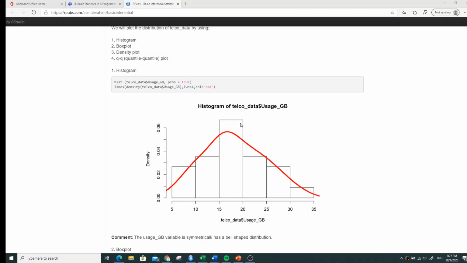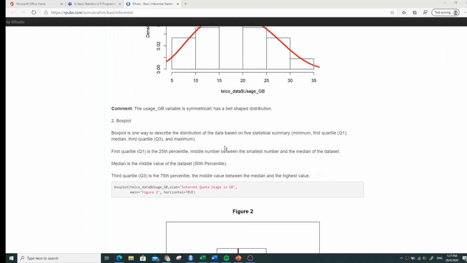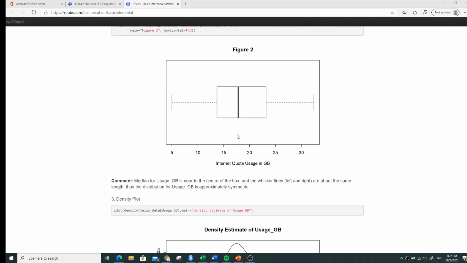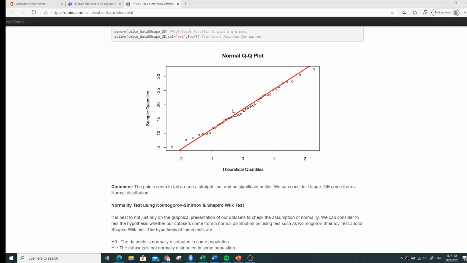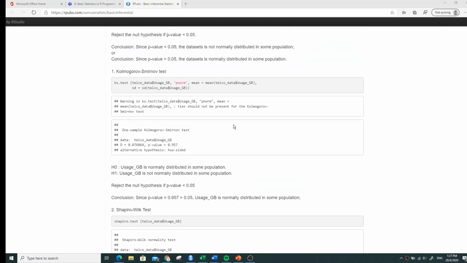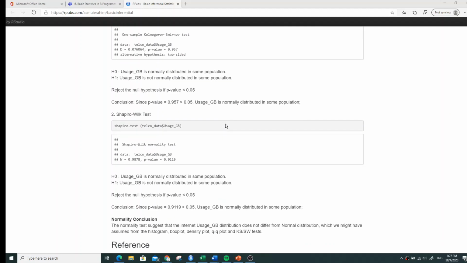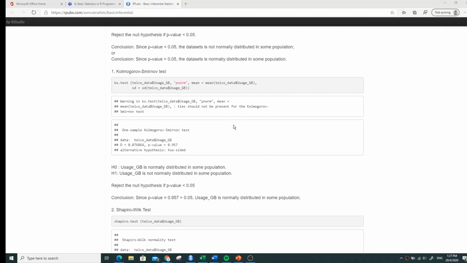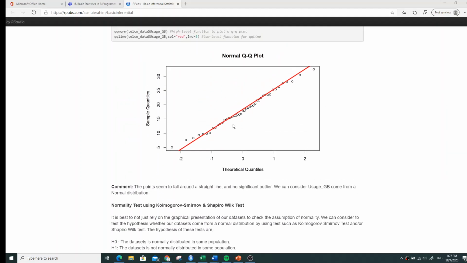Even from our graphical presentation, sometimes we see that the data is skewed to the right. But when we perform another graphical presentation such as box plot, density, QQ plot, t-test, the Kolmogorov-Smirnov test and Shapiro-Wilk test, the results contradict each other.